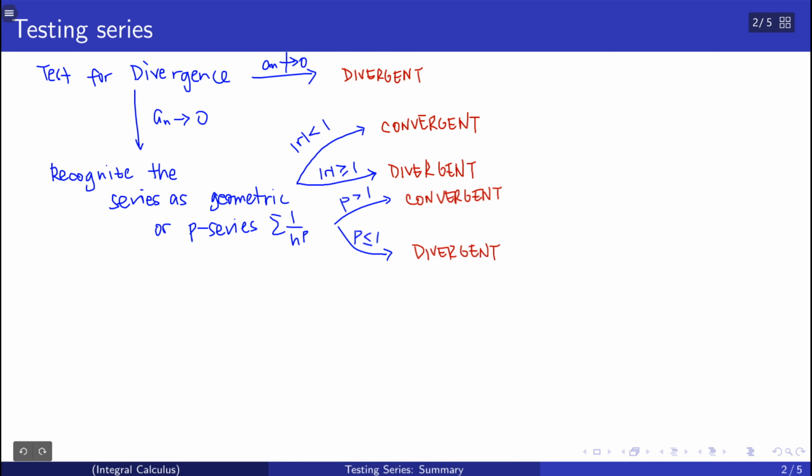Okay, so what else? If your series does not fall into one of these categories, geometric or p series, well, then you try some other test for convergence. So for instance, what other tests are there? There's alternating series.